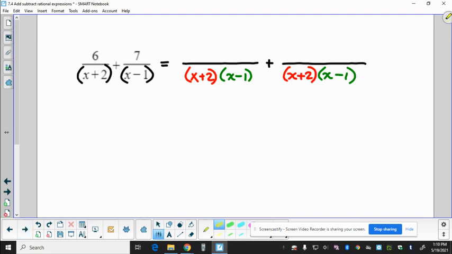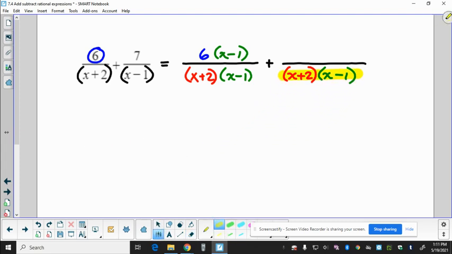So what I'd like everyone to do is look at this denominator versus this. And what do you notice that's different? The x minus 1, right? And then we have this 6 goes in there. Now let's move to this. There's a denominator.